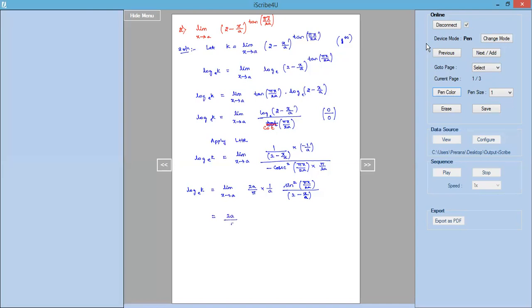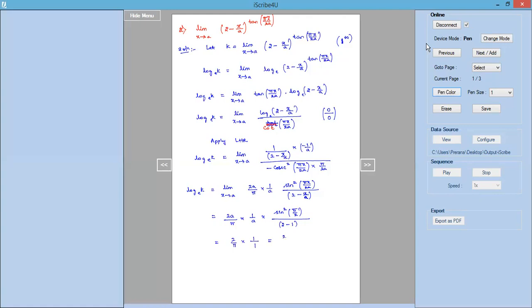So 2a divided by pi into 1 by a. Of course, we can cancel a there. Sine 90 we obtain. Sine square pi by 2 we obtain. Divided by 2 minus 1 as x tends to a. So now I cancel a and a. We have 2 by pi into sine 90 is 1, 2 minus 1 is 1.